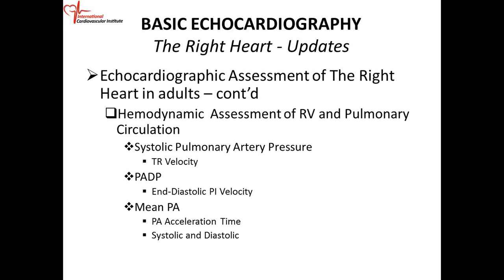You use your 4V squared, modified Bernoulli equation, to get the gradient. The velocity we're using here is the end diastolic PI velocity. We square it. But you have to have the right atrial pressure, and we went over how to determine right atrial pressure.